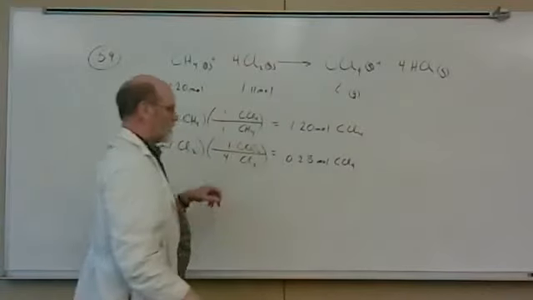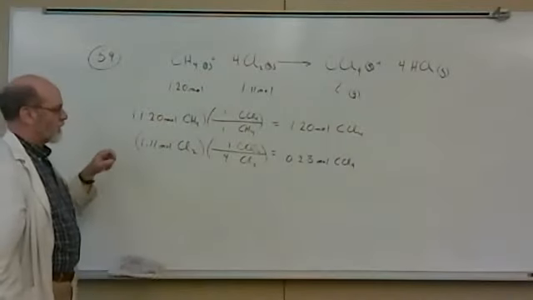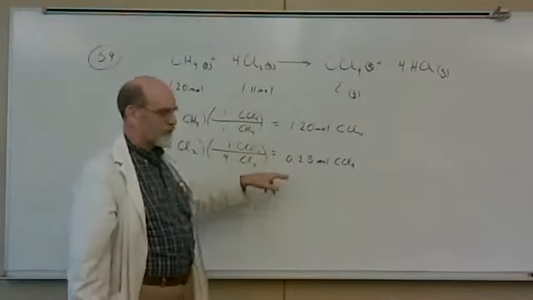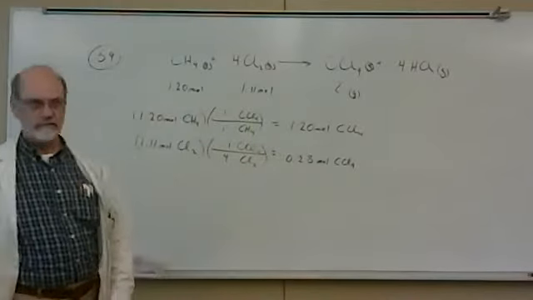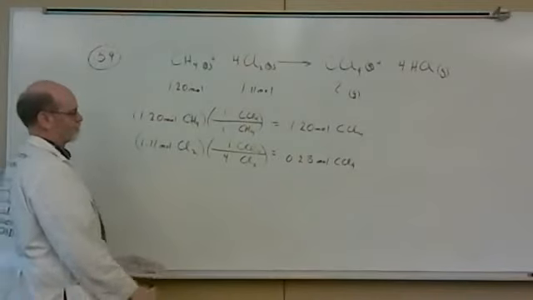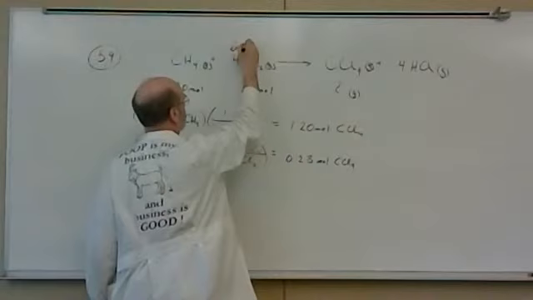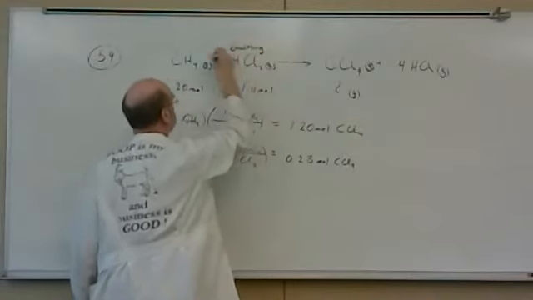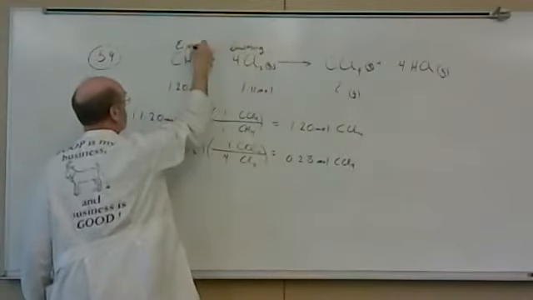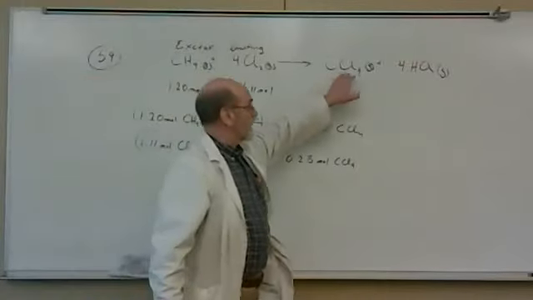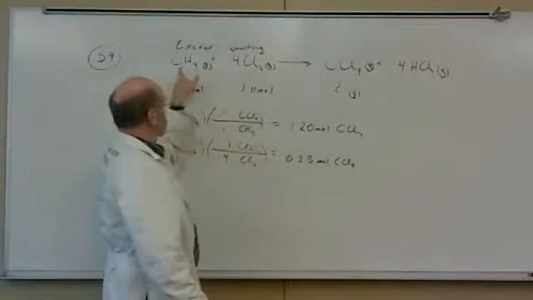There you go. So there you can compare how much would methane produce, how much would chlorine produce, which one's limiting. This one's limiting. This one's in excess. So when you get finished with a reaction, you're going to have some of that and some of that. You're also going to have some of this left over.